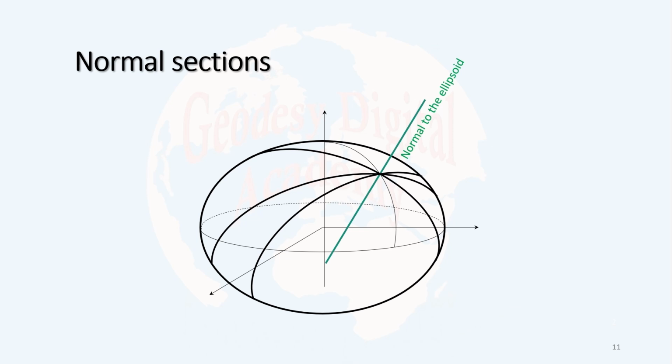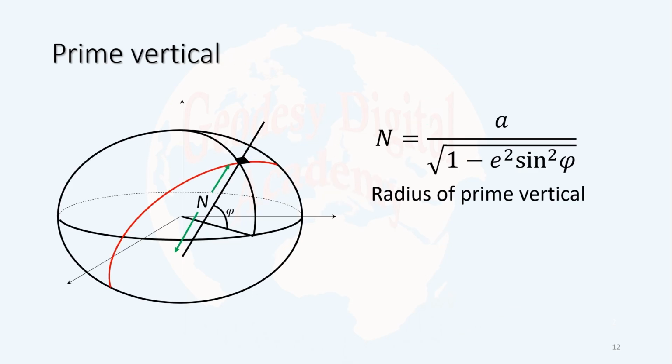Amongst all the normal sections, one of them is perpendicular to the local meridian. This section, which is in fact a circle, has a radius, which we show by N. There is a mathematical proof for this formula, but if you are interested in seeing it, you can look at the reference that I have introduced in the caption or at the end of the lecture.